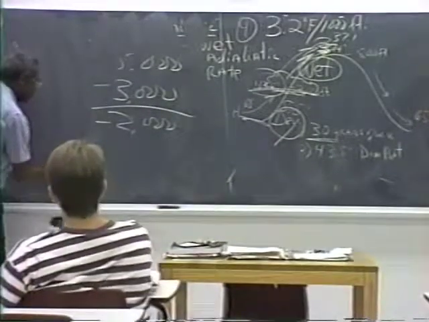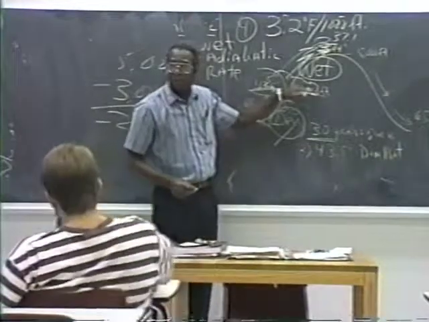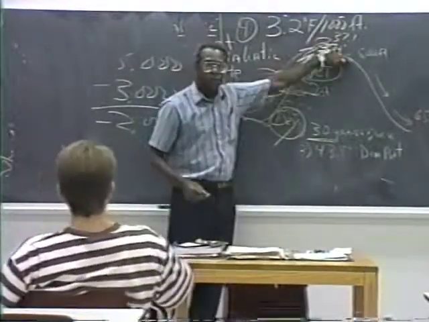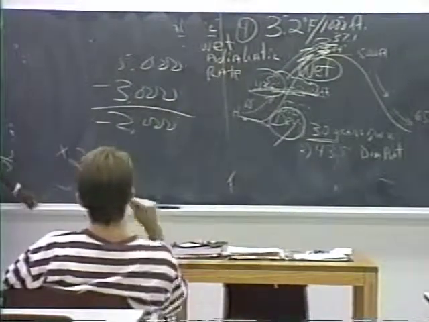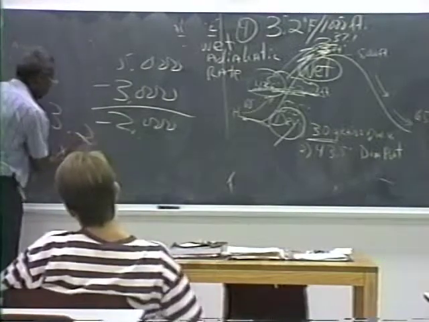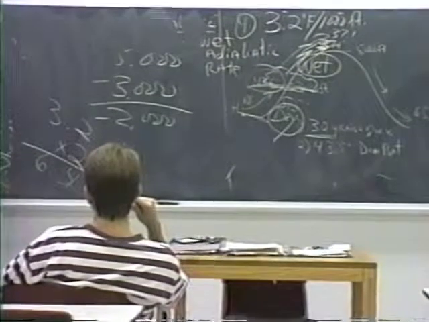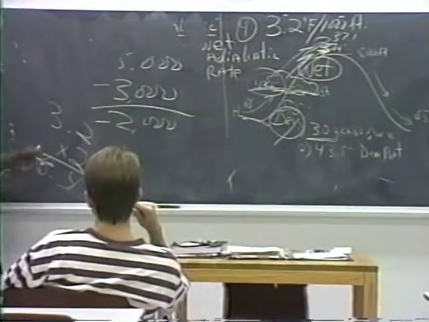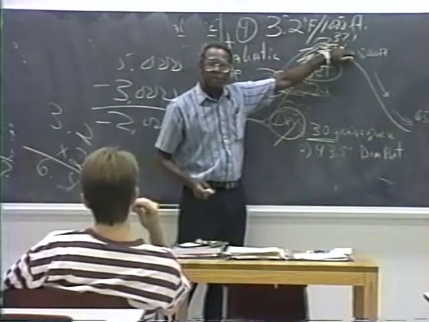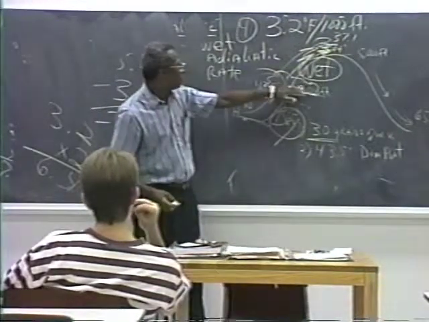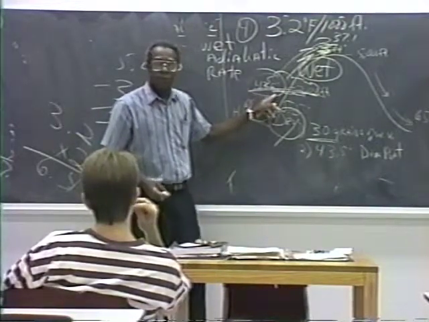You would multiply 2, because the air has to rise another 2,000 feet from here to here, by what? 3.2. You would get 6.4. In other words, it's going to be 6.4 degrees cooler at the peak of the mountain than it is at 3,000 feet, where it's 43.5 degrees at the dew point.